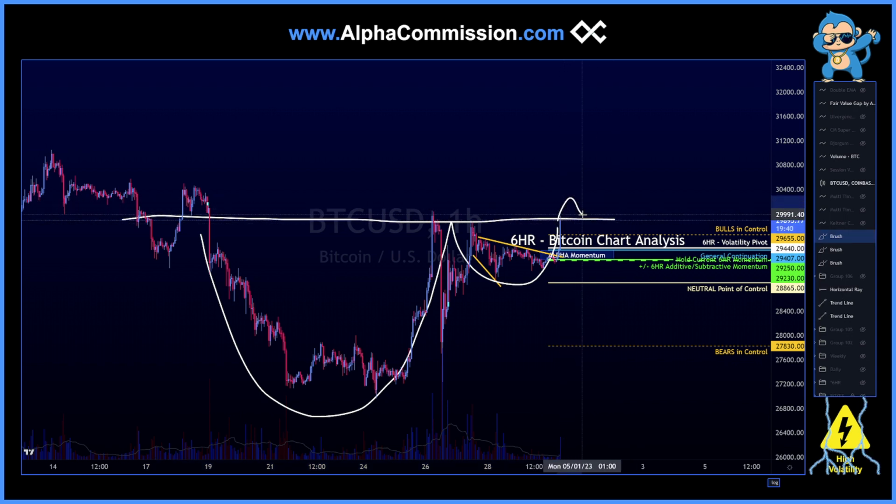I want us to flip this area somewhere around, conservatively, 30,100, and then more generously around 29,900.